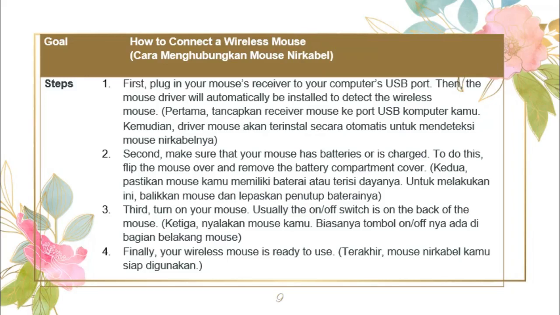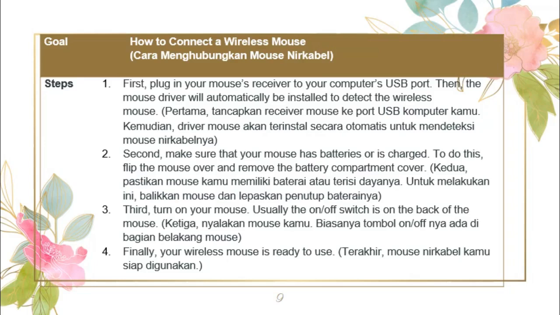There are only 2 parts. Hanya ada 2 bagian di sini, goal and steps. Karena jika dalam teks instruksi biasanya materinya dihilangkan. So after goal we directly go into steps. Setelah tujuan kita langsung ke langkah-langkah tanpa perlu menuliskan materi.